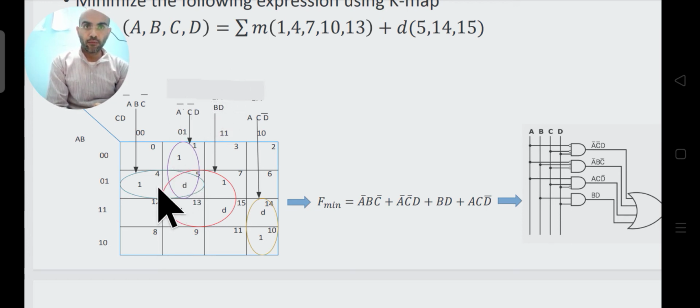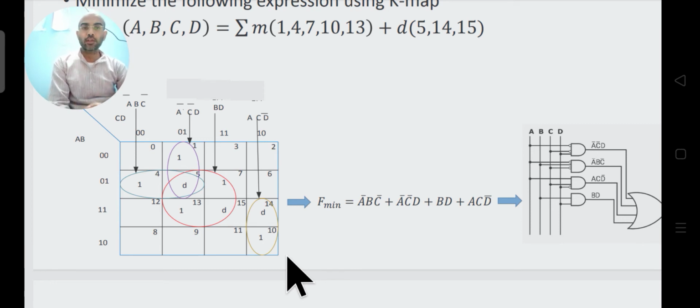So 1, 4, 7, 10 and 13: these places are filled with 1. Then the other places 5, 14 and 15 are filled with D, or cross. So we have filled these particular places with D. Now let's try to form the groups.